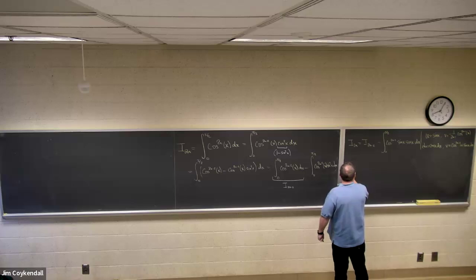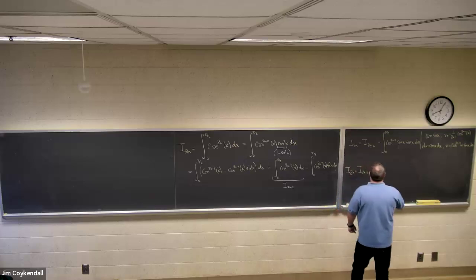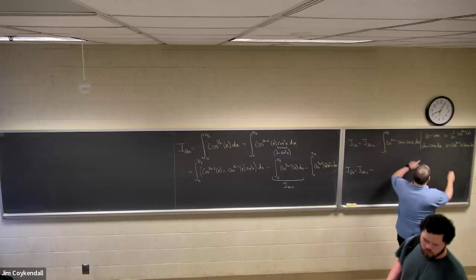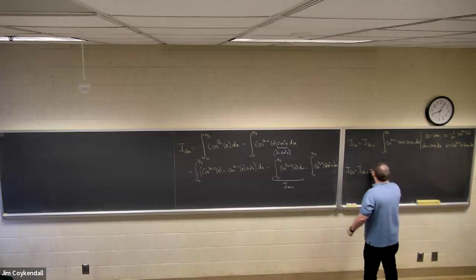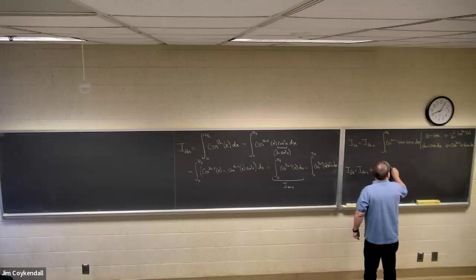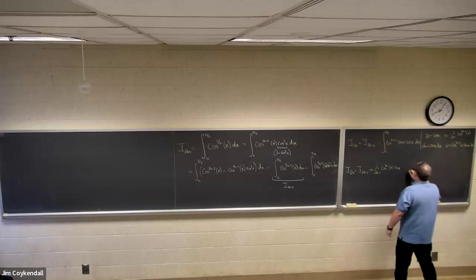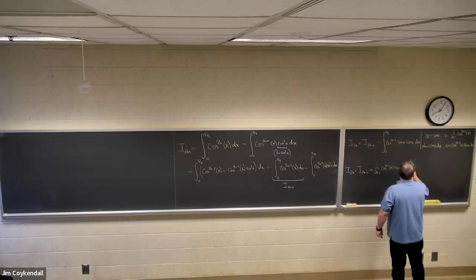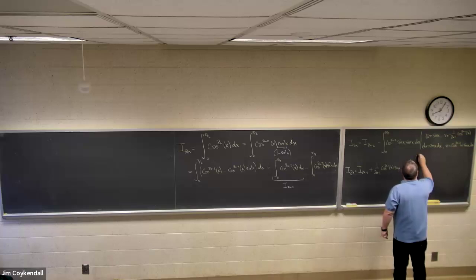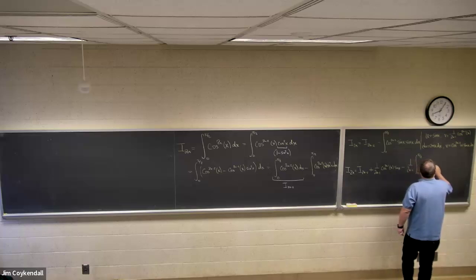So I get I2n equals I2n minus 2 minus, let's see, the product of these is going to be actually back to plus, cosine 2n minus 1 x sine x, and then it's going to be plus minus 1 over 2n minus 1 cosine 2n x.